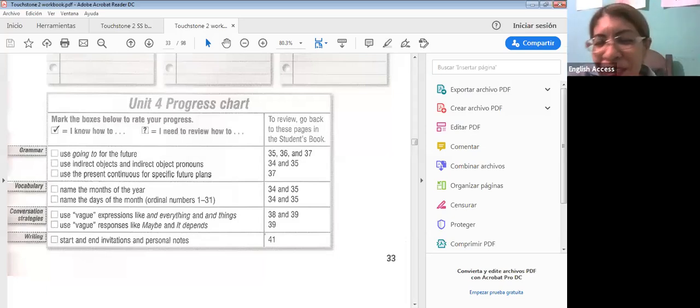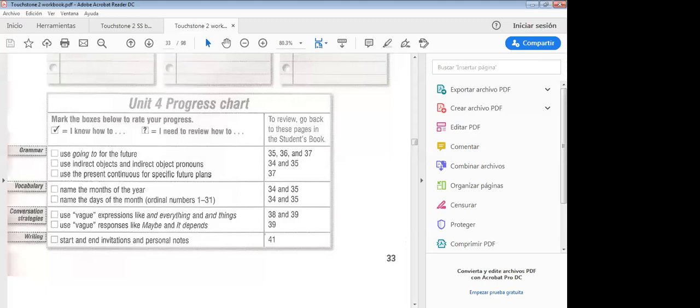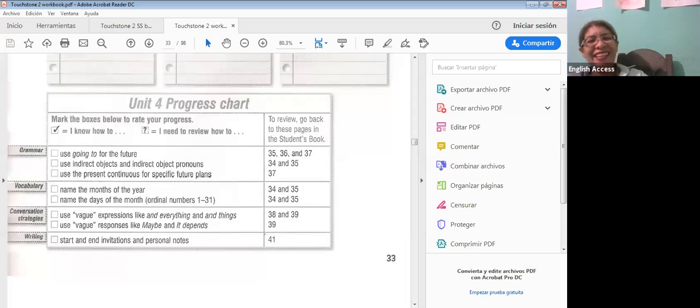Okay, continue, Damaris. 16th, 17th, 18th, 19th, 20th, 21st, 22nd, 23rd, 24th, 25th, 26th, 27th, 28th, 29th, 30th, and 31st. Okay, thank you.